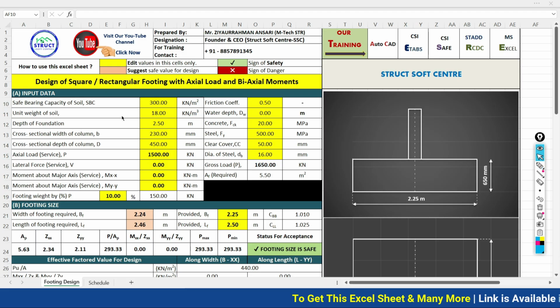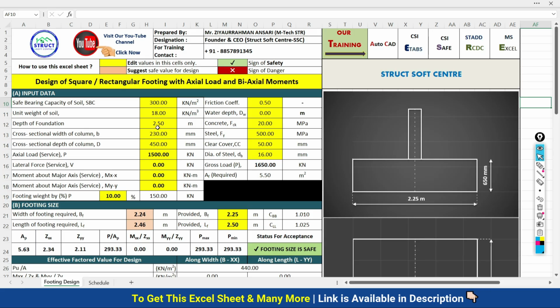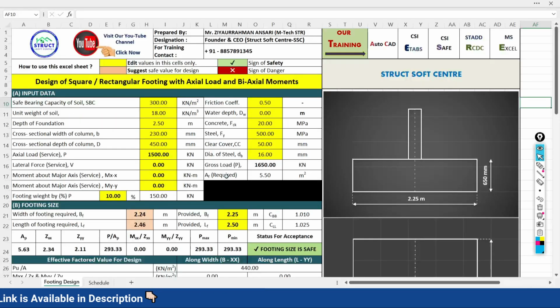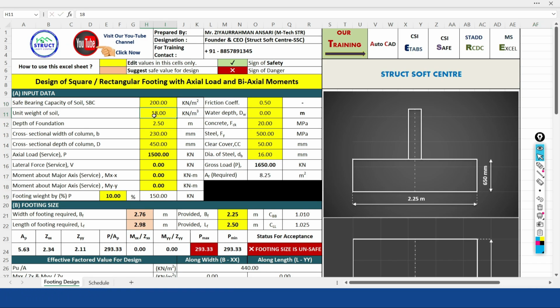So first we have to put in all the given data as per your problem statement. In our problem statement we have said the SBC of the soil is 200, so we are going to put 200 here. What is the unit weight of the soil?